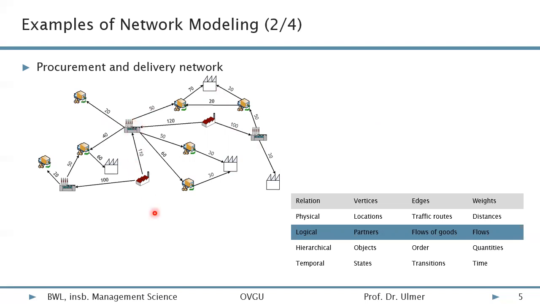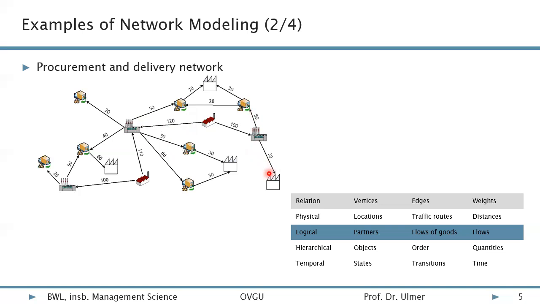It doesn't matter, because these arcs, in this case, because they're directed, do not represent distances, they represent flows of goods. So in this network, we have these suppliers, and we have 120 goods, whatever it is, to flow into this plant, 100 in this plant, and then we have 50 other goods going to this hub, 30 going to this customer, maybe, and so on.